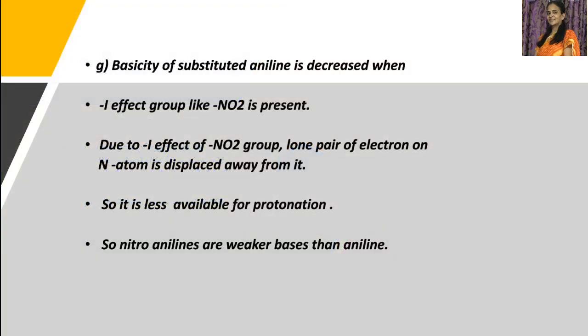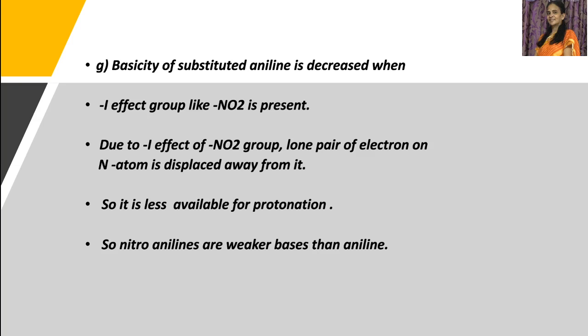So now let's consider the basicity of substituted aniline. The basicity of substituted aniline is decreased when a minus I effect group like NO2 is present in the benzene ring. If a minus I effect group like NO2 is present, then the ability of nitrogen to donate the lone pair decreases.